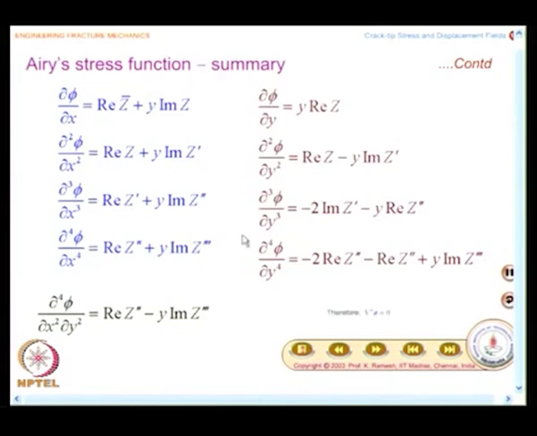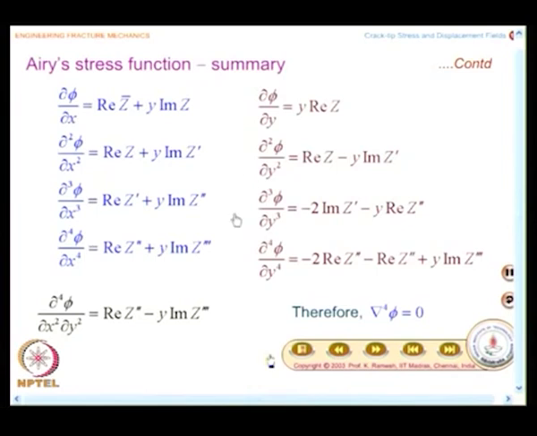And in fact, if you have done any clerical error in the last class, you could see these and edit them appropriately. And when you look at here, this dou squared phi by dou x squared is given as real part of Z plus y imaginary part of Z prime. This directly gives you the stress component sigma y, and dou squared phi by dou y squared will give you stress component sigma x.